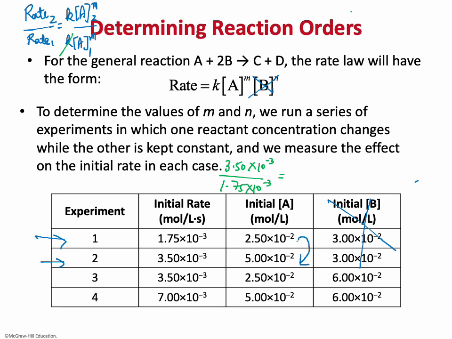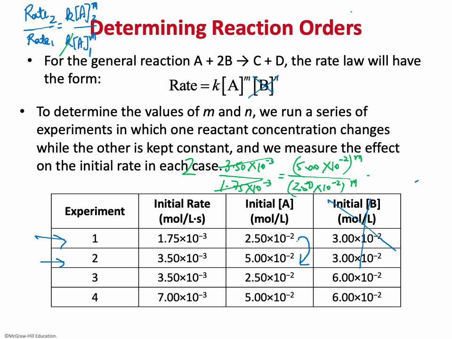This equals A of 2, which is 5.00 times 10 raised to the minus 2, to the power of M, divided by 2.50 times 10 raised to the minus 2, to the power of M. If you solve for this, the left side comes out to be 2.